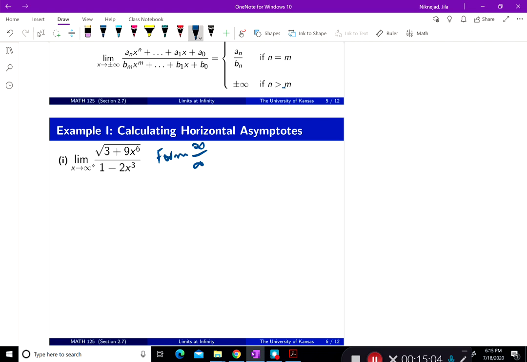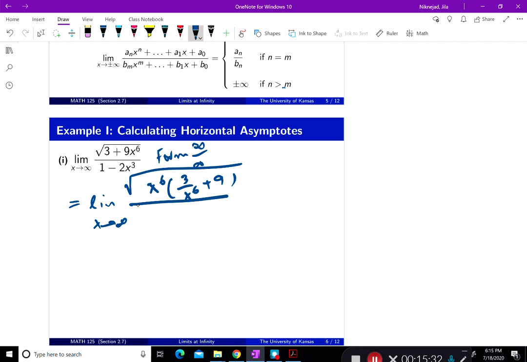Now, one other thing that I notice is that even though I have a square root, the highest power is 6 and the highest power down here is 3. So maybe they simplify. To simplify, I should factor out x to the power 6. So the first step is factoring x to the power 6 under the square root, and then x to the power 3 in the bottom.